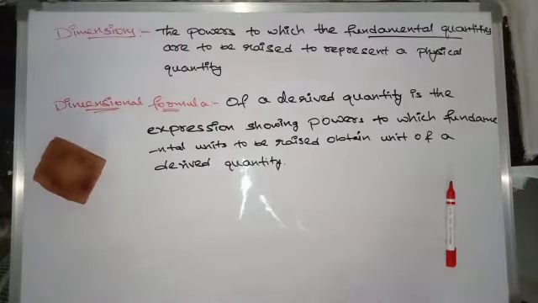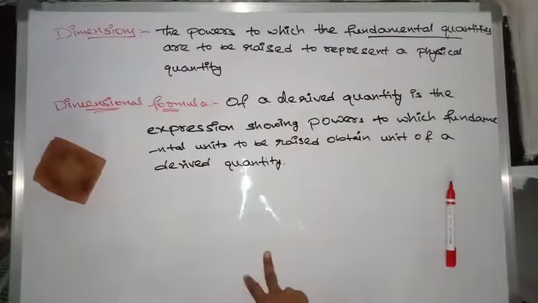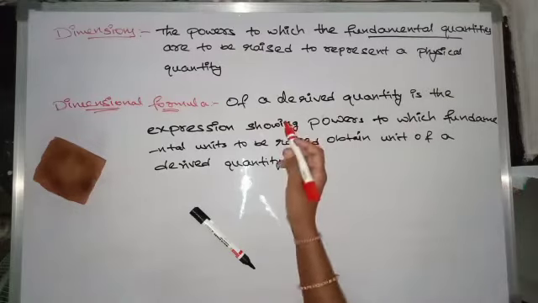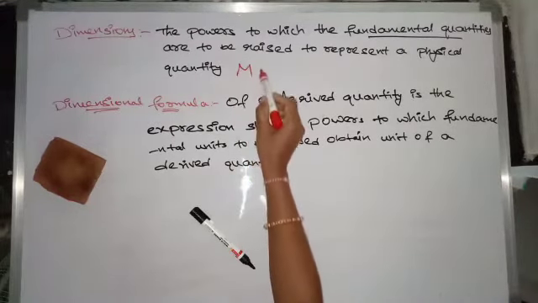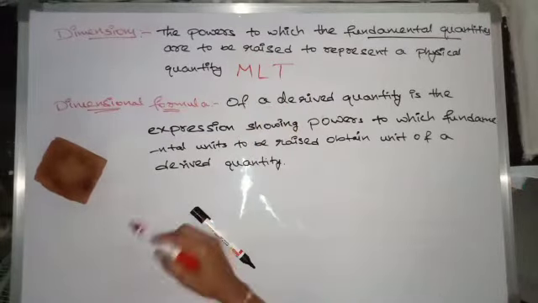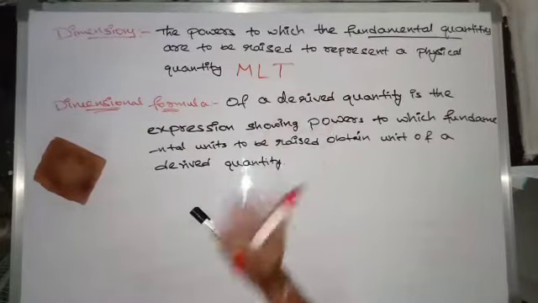What are dimensions? The power to which the fundamental quantities are to be raised. What are fundamental quantities? Here, the fundamental quantities we are taking are mass, length and time. These are the three fundamental quantities, used to represent a physical quantity.